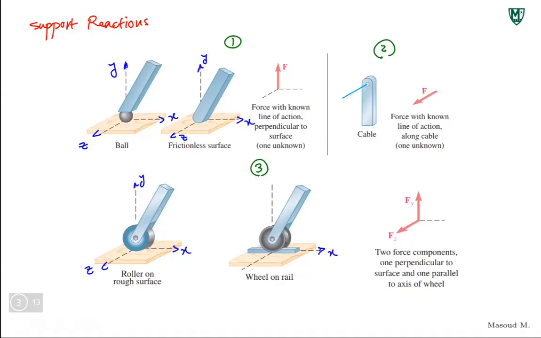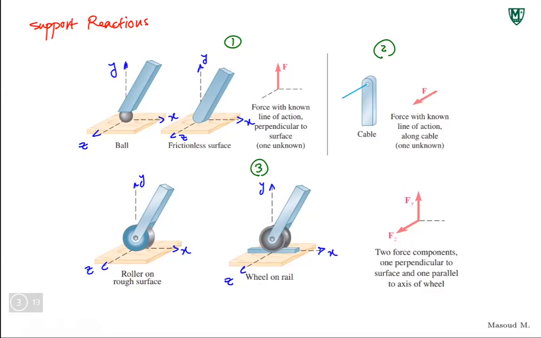Now, instead of having friction stopping this wheel or roller from going sideways, there is a rail there. And that rail is preventing the sideways motion, in this case in Z direction. So what you're going to end up having is two unknowns, two force components.